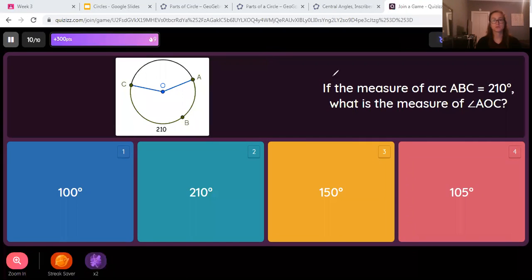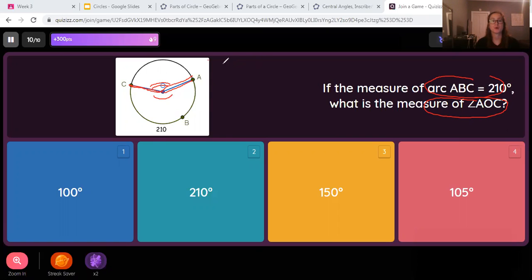All right, so this one says arc ABC is 210. What is the measure of angle AOC? This is the one where I do not agree with the image here because it's asking for angle AOC, and that's not very clear. Is it asking for this angle here or this angle here? Which one are you asking for?